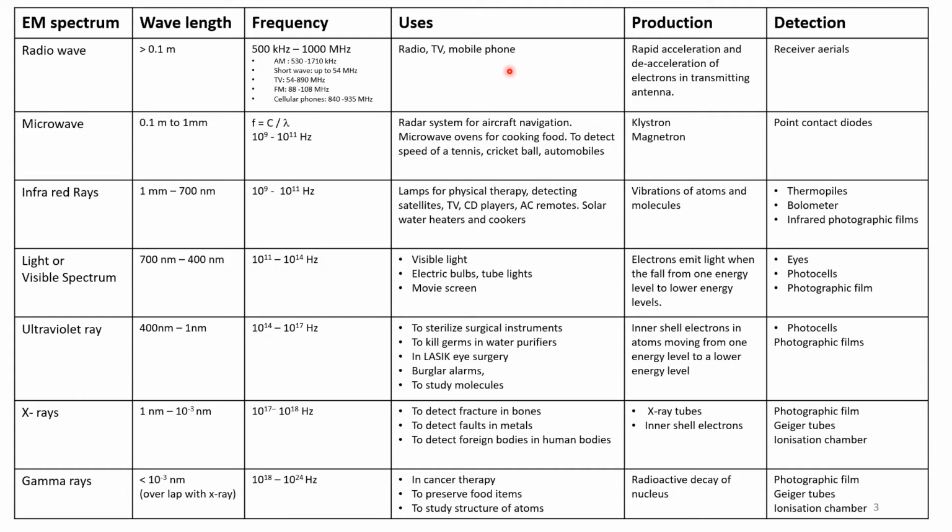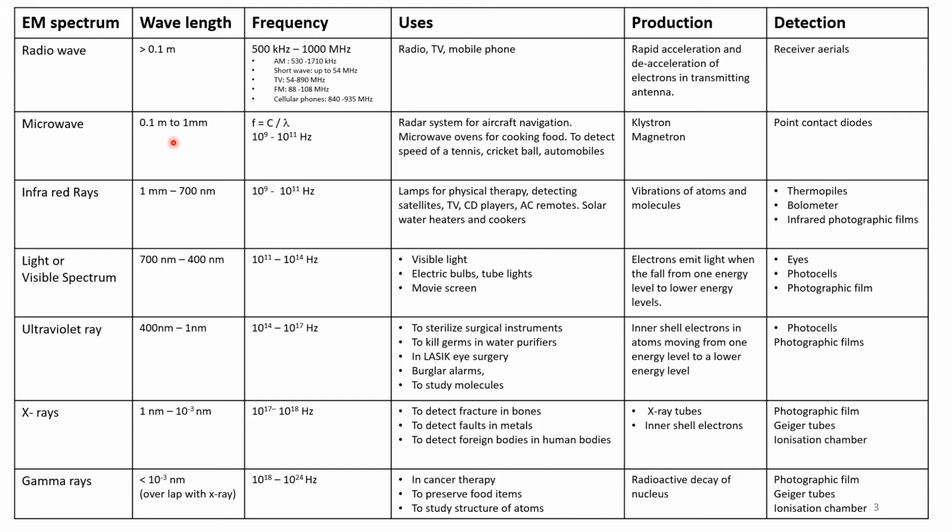It is produced using rapid acceleration and deceleration of electrons in aerials, and it is detected by receiving aerials. These can be observed very clearly in radio transmitting stations for production and radio receiving stations for detection.